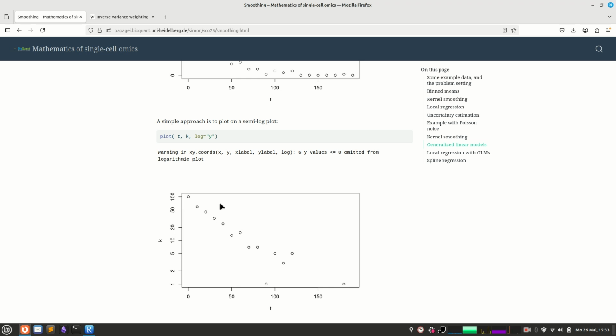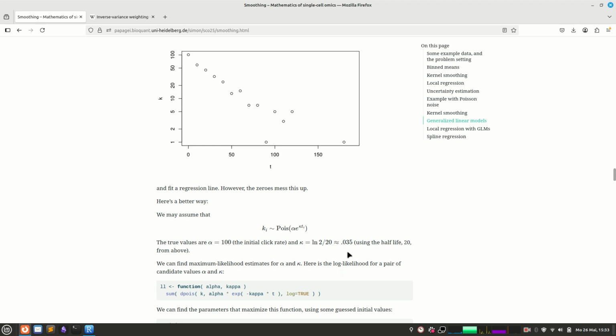What we do instead is we fit a proper model. We say our model is that the clicks that we get at time point t_i follow a Poisson distribution with alpha times e to the kappa times t_i, where kappa is the time constant, and alpha is the initial amount of clicks, or the rate of clicks at time 0.